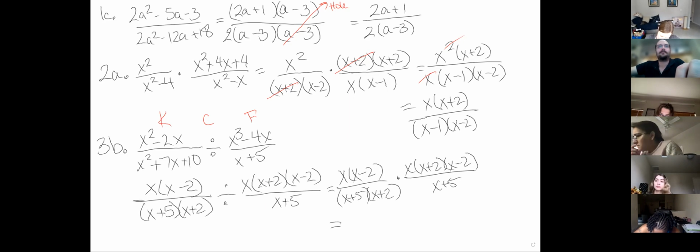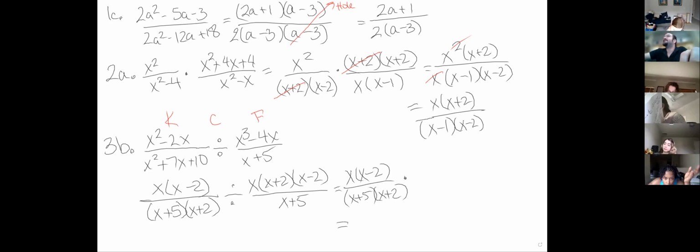Oh wait, did I not flip it? I didn't flip it. Hang on. Let me flip it. I was like, this doesn't look right. There you go. Now it'll look right. Okay, there we go. So then I multiplied it and I got x minus 2, x plus 5.